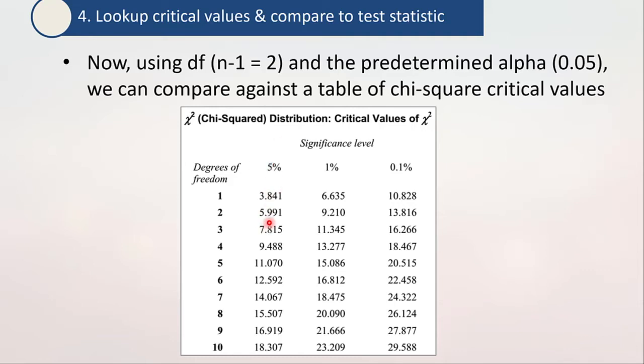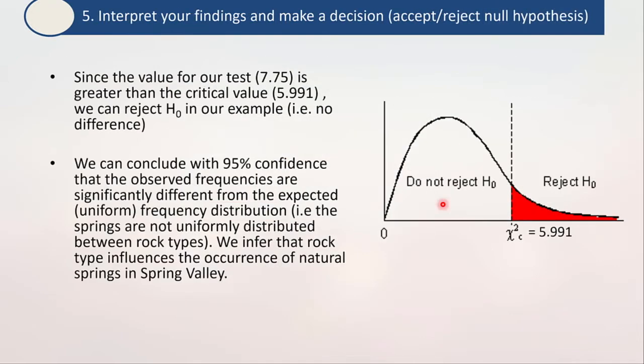Then we look up this value. Now we have the critical value, and we need to compare it with our calculated chi-square. Recall, our calculated chi-square was 7.75, and the critical value here is 5.991.